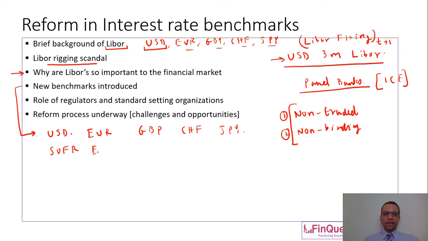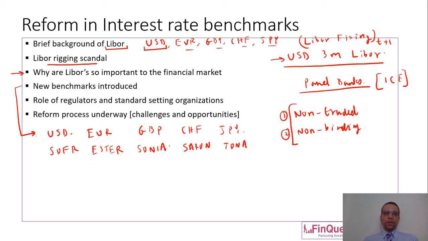For Euro we have Ester. For GBP we have Sonia. We have Saron for CHF. We have Tona for JPY. So these are the proposed new benchmarks which financial markets are going to use going ahead.